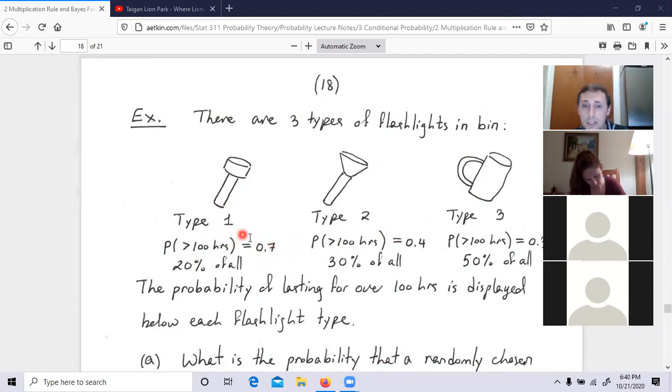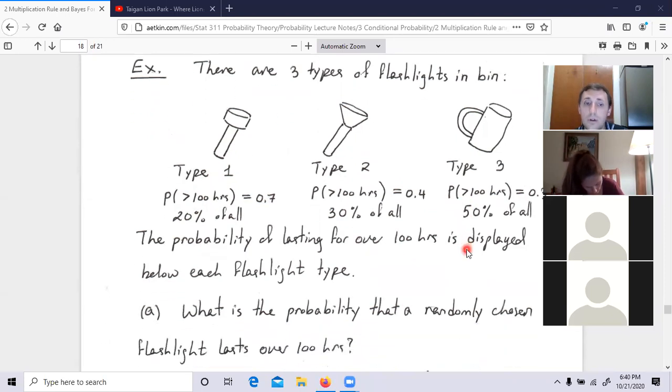For the first flashlight, the likelihood that the battery is not going to be dead is 0.7. For type 2, it's 0.4. For type 3, 0.3. And then 20% of all the flashlights in the bin are of type 1, 30% of type 2, and 50% of type 3. And so problem A: what's the probability that a randomly chosen flashlight lasts over 100 hours?